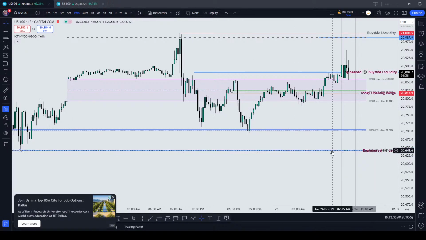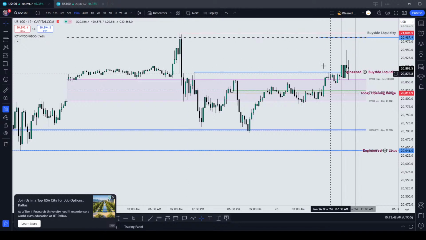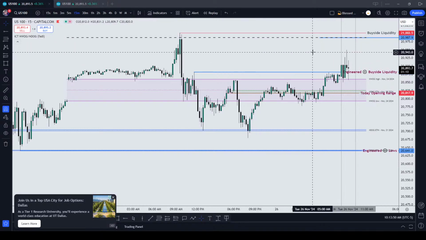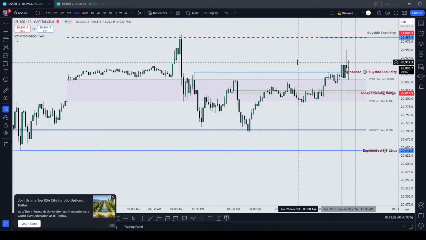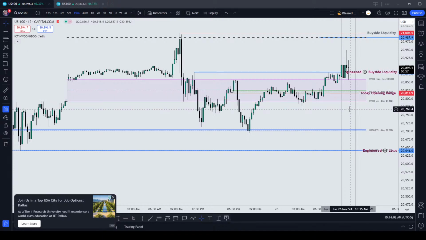Then after taking out this engineered low, we would now start looking for price to take out this one. Then we'll likely start looking at, does it take out this buy side liquidity here, or does it not do it? So that scenario is in a perfect market condition.